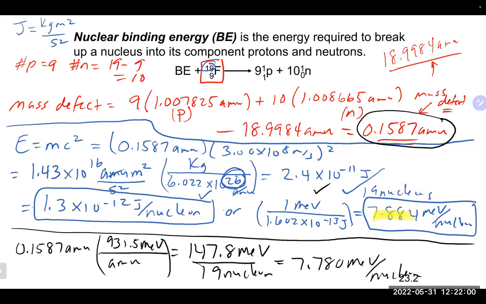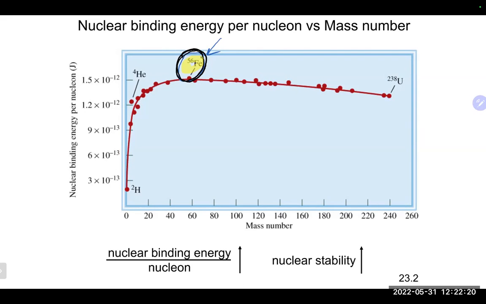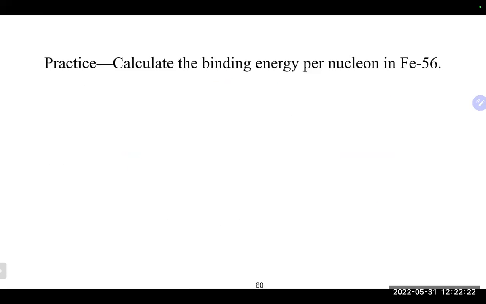So in terms of stability, iron-56, as we saw, which was on top of that chart, is the most stable out of those three, followed by the fluorine, which was 7.7, and then followed by the carbon-16, which was about 6 and change, or whatever we had there. Any questions on how to calculate nuclear binding energy?